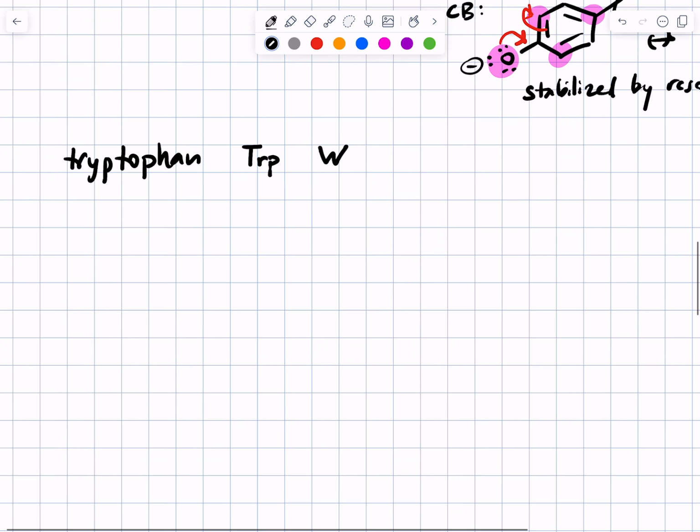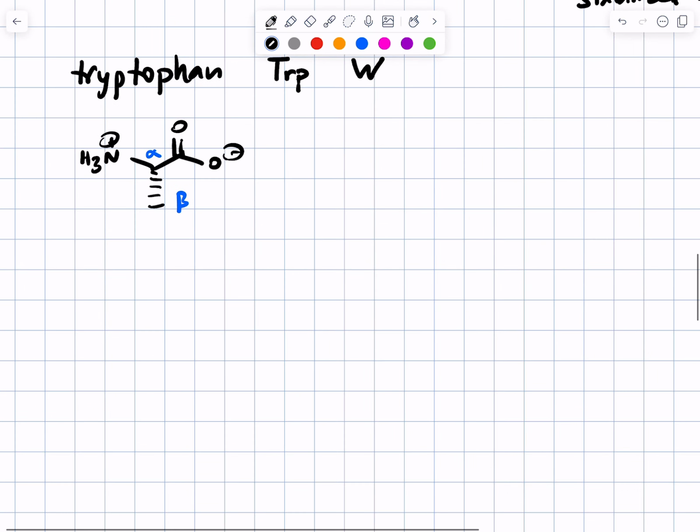Okay, the structure of tryptophan, the ring structure, is hard. It's more complicated than benzene. It's got the same backbone. Like the other aromatic amino acids, it's going to have the same alpha carbon and the beta carbon. For tryptophan, though, the beta carbon is connected to a 5-membered ring, and that 5-membered ring is connected to a benzene ring.